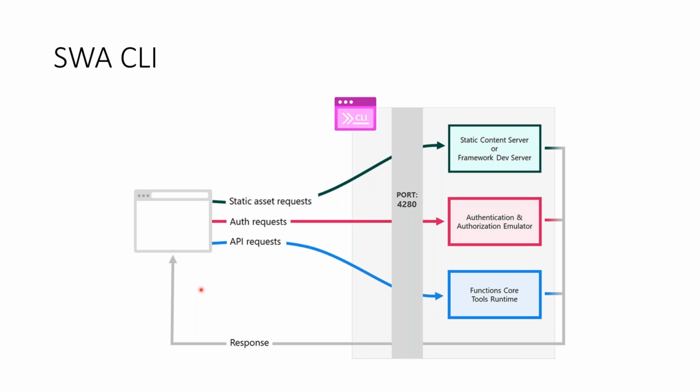So please have a look at the static web app CLI. The link will be available at the end of the session, but still, the static web app CLI is awesome for local development of a static web app.